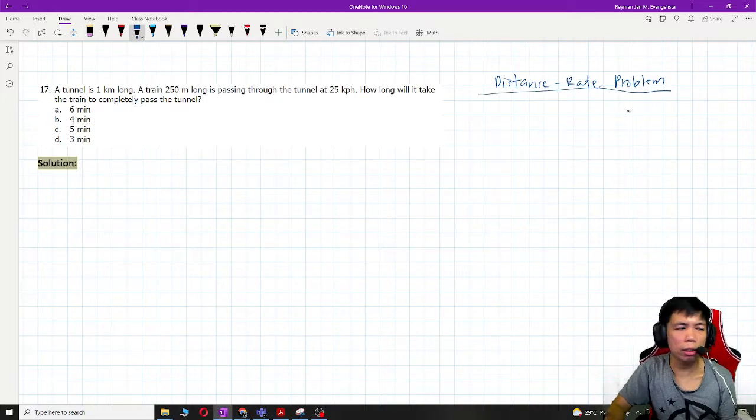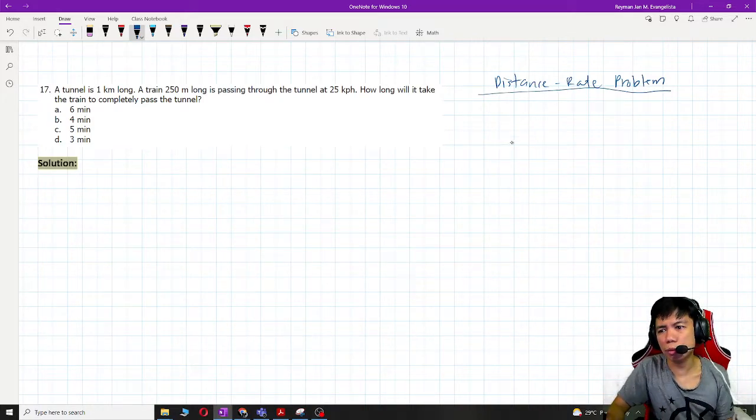Sa distance rate problem, always remember na yung rate natin or the speed is equal to distance traveled over the time.